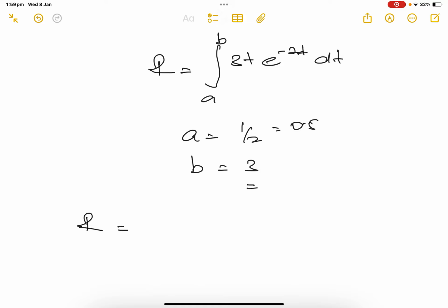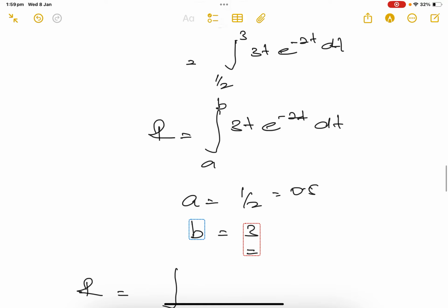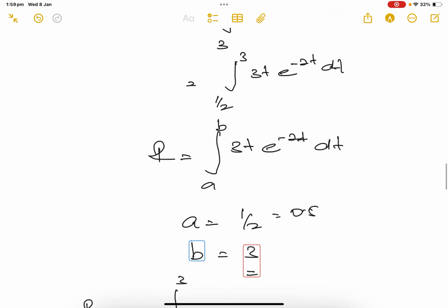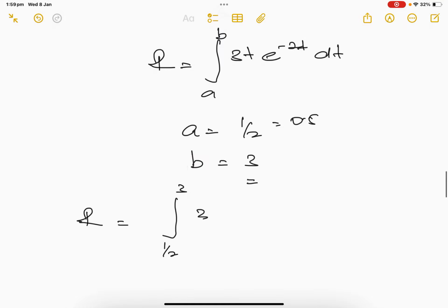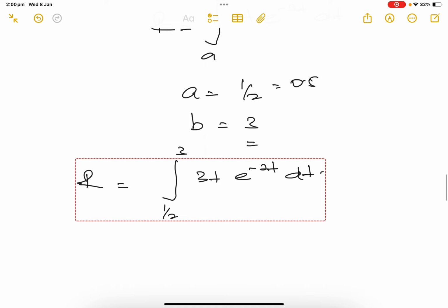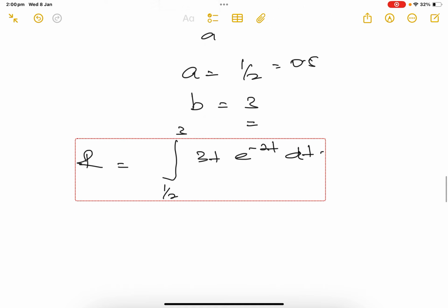R equals the integral from half to 3 of 3t e to the power minus 2t dt. Okay, UV form again.